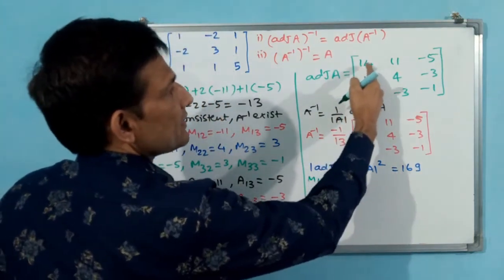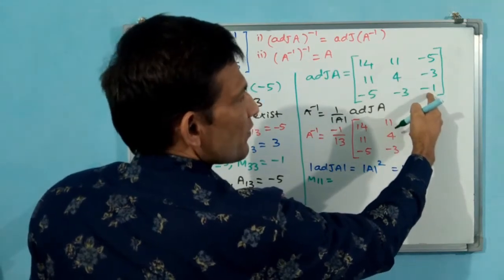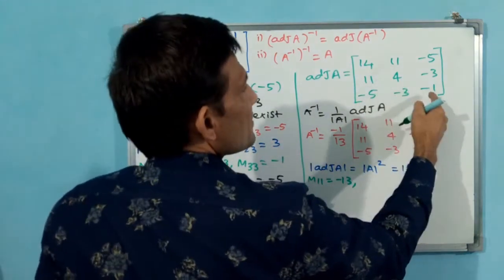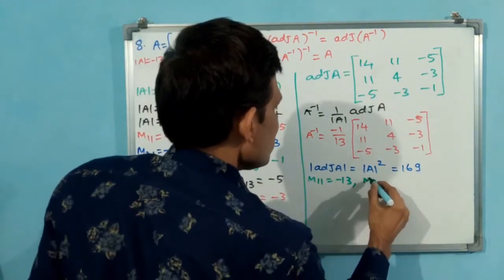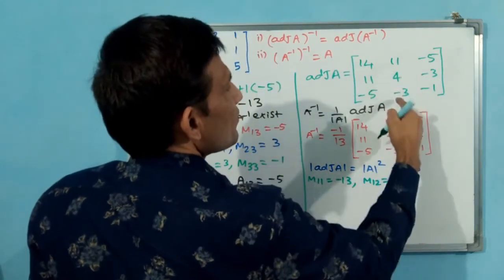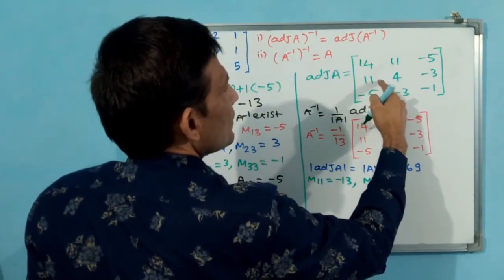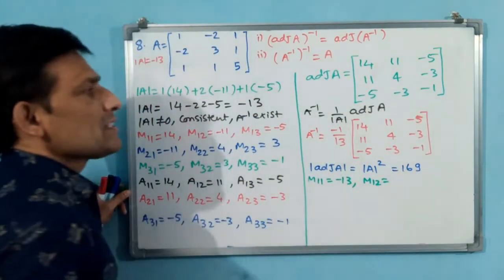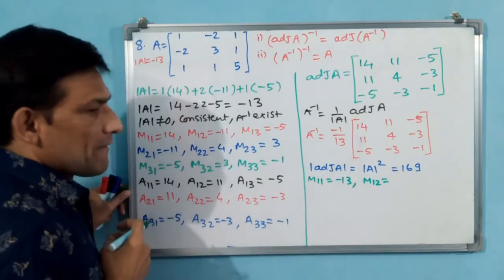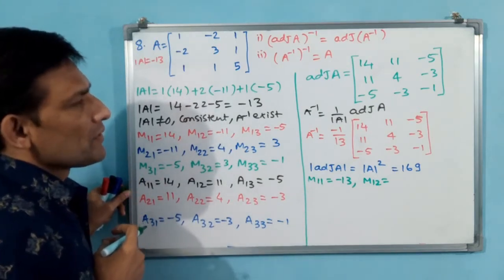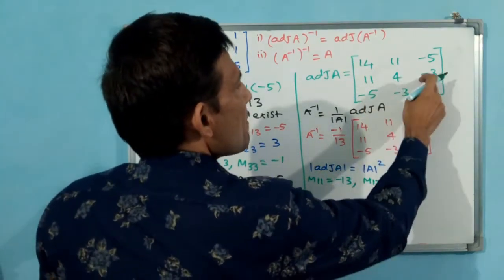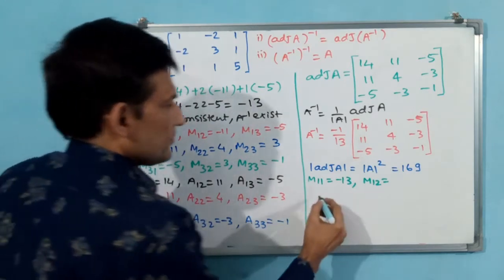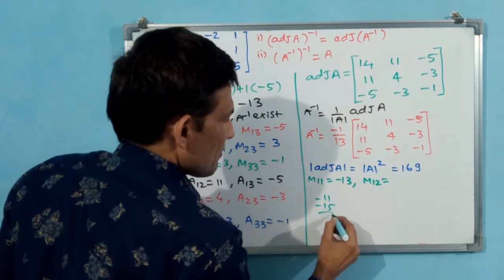I am writing M11. For this M11 you are closing the 14. You see, -4, -9, -13. Okay, M12. You are closing 11. If you close 11, -11, -15, that gives -26.